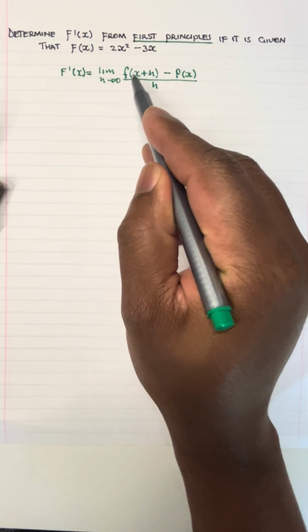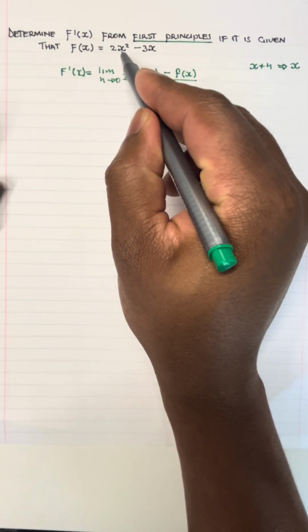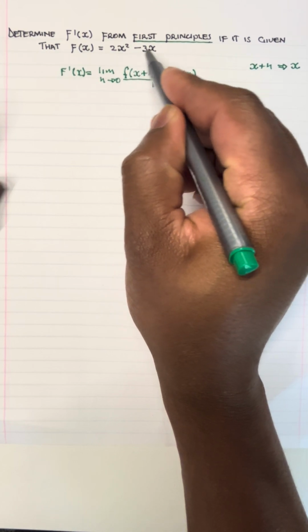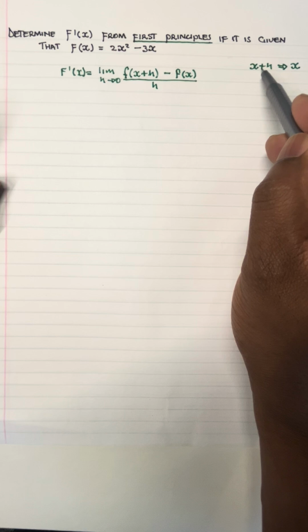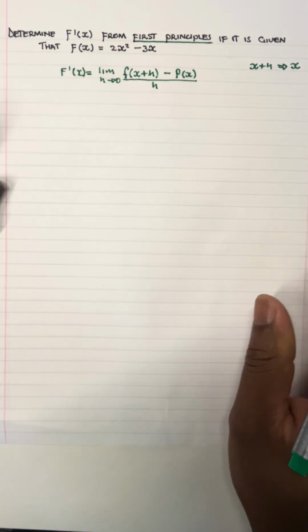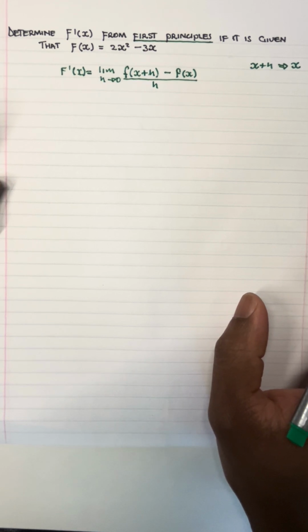But over here, we're going to take the x plus h and make it take the position of x. Everywhere you have x over here, we're going to use x plus h. And then you solve it. That's as easy as it gets.